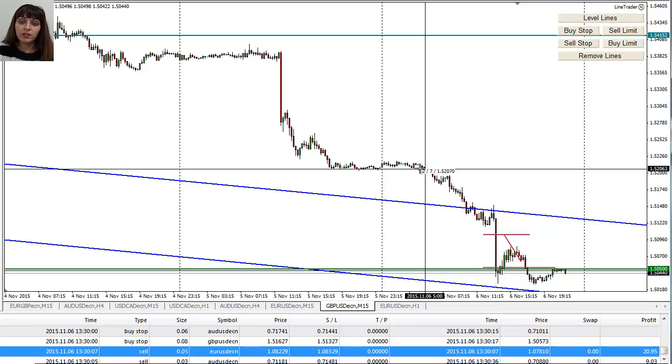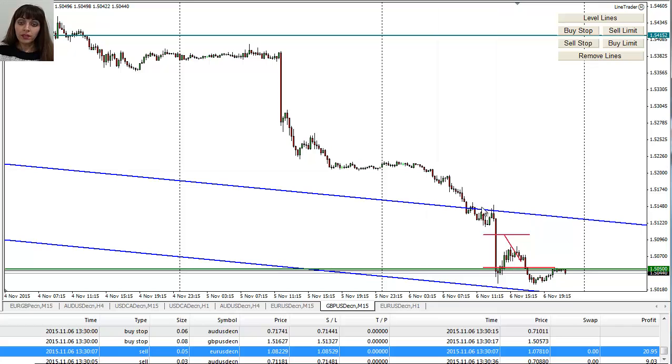So you could already be in this trade, close some positions, place the stop loss just in case, and before the news you already secure some positions, you are already in a good trade, and you could have placed some more orders here.